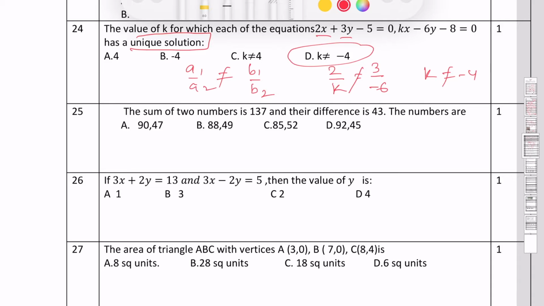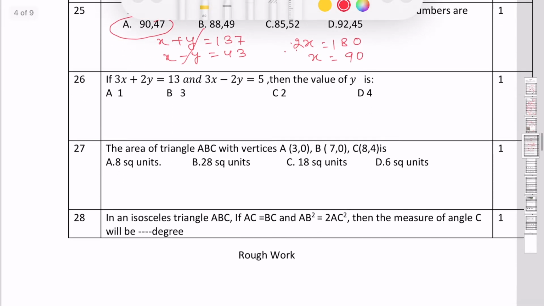The sum of two numbers is x plus y. x and y are two numbers, and the difference is 43. If you subtract, we are getting x is 90, so 47 will be the answer.